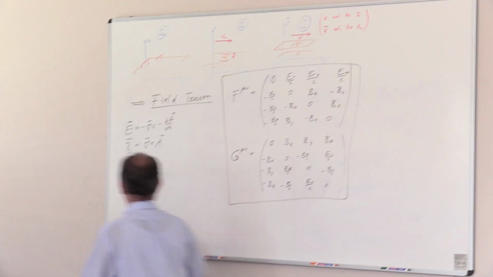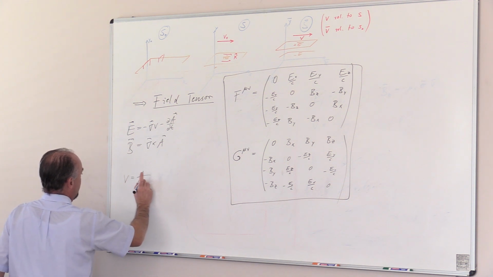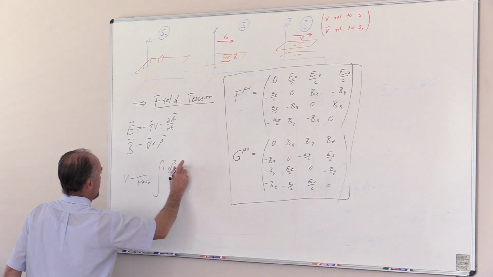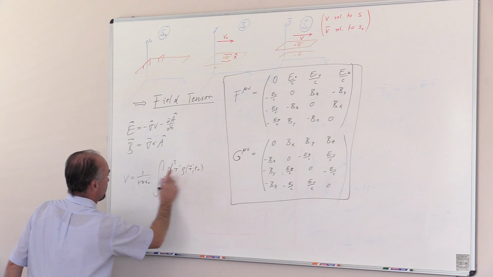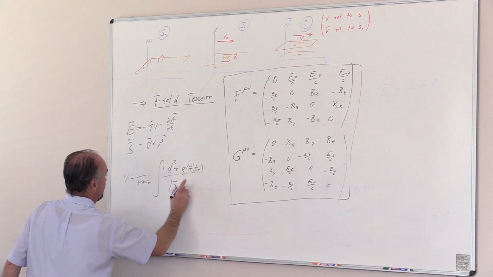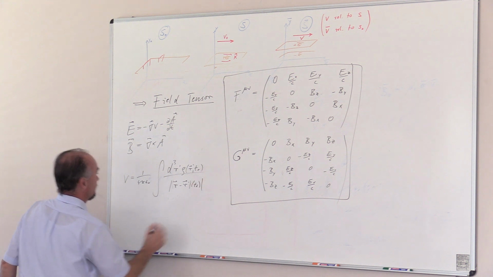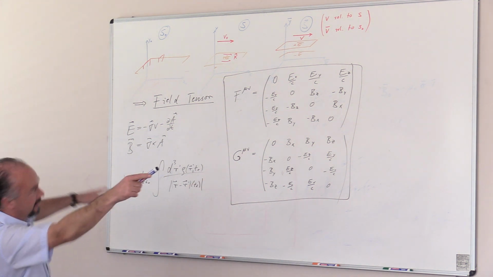So from that, we had, for example, that E was 1 over 4 pi epsilon naught, integral d3r prime, rho of r prime, at the retarded time t_r. That was all based on this Lorentz gauge there.